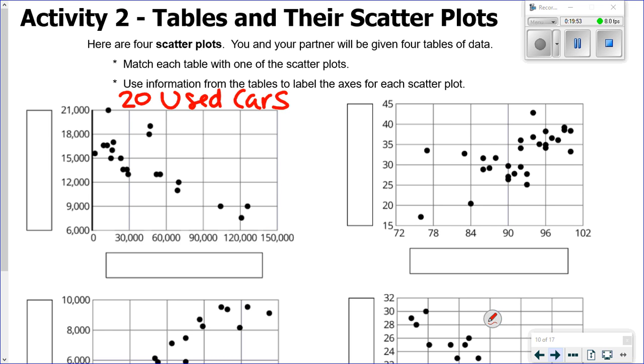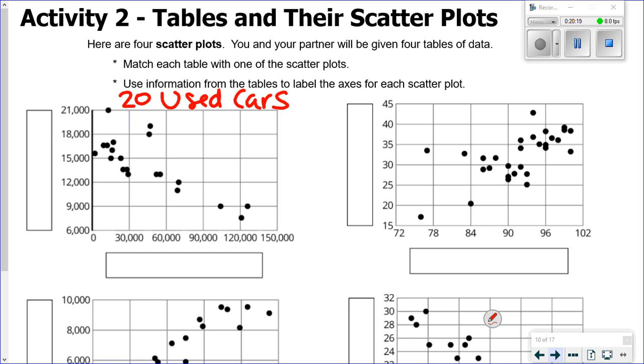So when doing so, first we may want to figure out what's X and Y here. If I'm looking at the x-axis, the way they have it labeled is starting from 0, then they're counting by 30,000s. So which data seems more reasonable to count by 30,000s if I'm going all the way up to 150? Is that the price? Is there a car priced almost as high as 150,000, or is that the mileage?